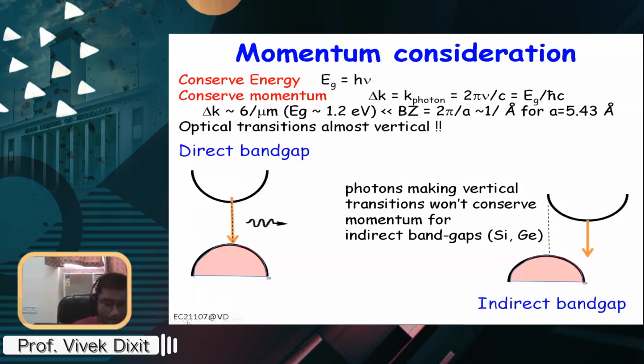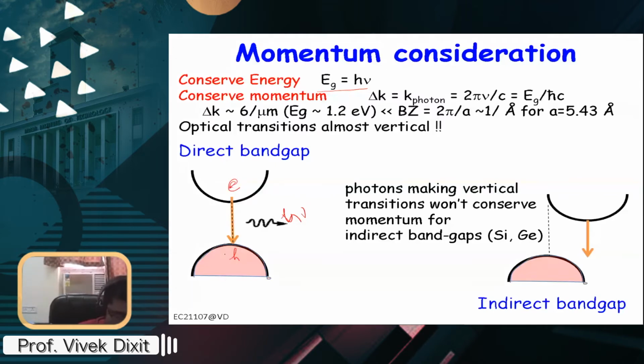Here you also look at the momentum consideration. You conserve the energy, so if the electron and hole are recombining, the photon energy will be the same as the band gap energy. That is conservation of energy. Now conservation of momentum. Let's say this electron and hole are recombining and giving out a photon.